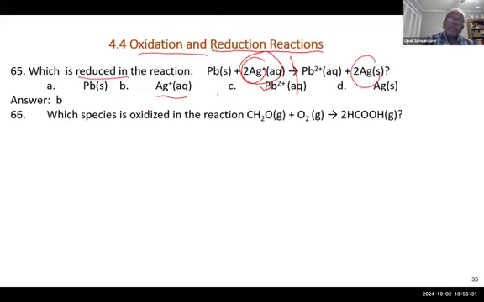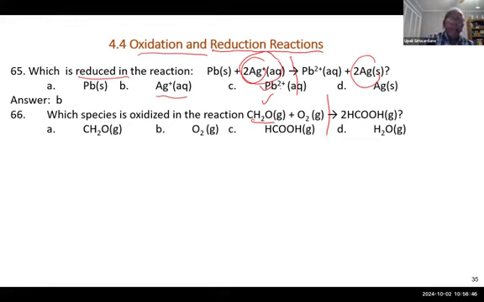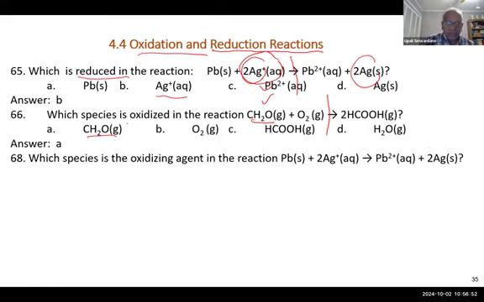What species is oxidized in the covalent compound, formaldehyde? That's the first one. This is the one being oxidized. So A is the correct answer. Looks like we did this problem before. Oxidizing agent is the one that gets reduced.